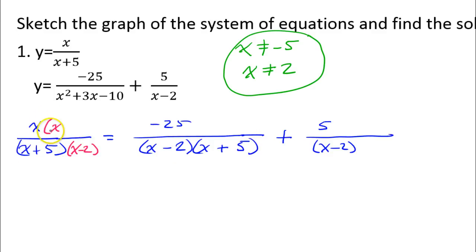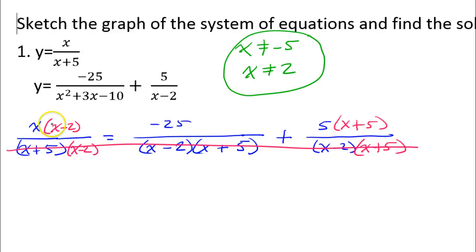That's legal as long as I do the same thing to the numerator. Now, to make this denominator match, it needs an x plus 5. So we'll have to put that in the numerator as well. Now my denominators are all the same. Once they're the same, you can cancel those denominators out and make a new equation using the numerators.